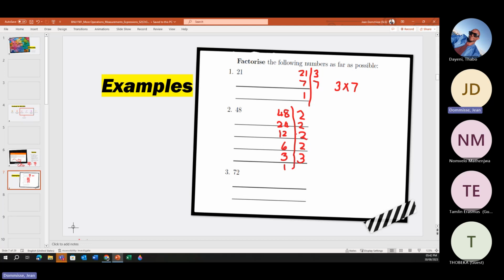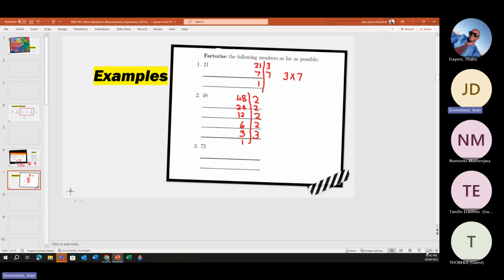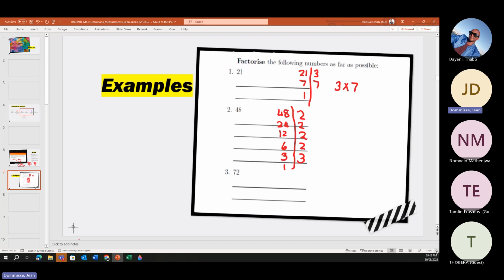Okay, so this was a bit different. The final answer here would be 2 to the power of 4 times 3.